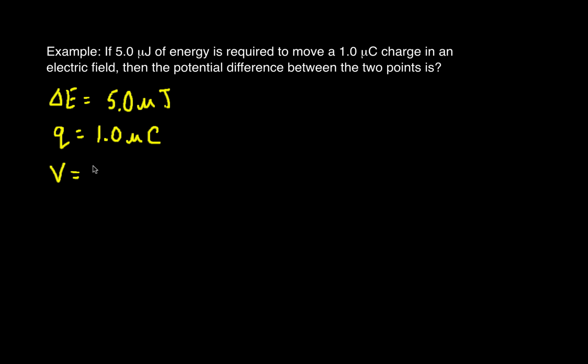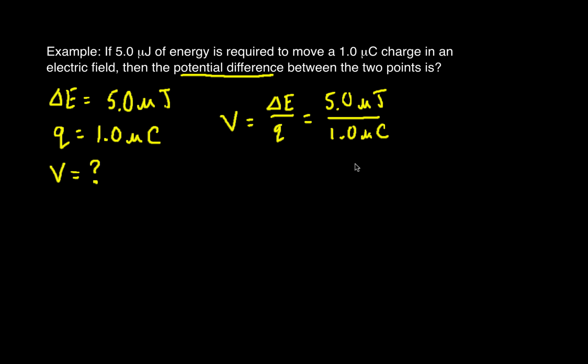We're looking for the potential difference, remembering even though we see the word potential, because it doesn't have the word energy, that means we're talking about voltage, not potential energy. Now, voltage is given by change in energy over Q, which is 5 microjoules divided by 1 microcoulomb, and we get a voltage of 5 volts.